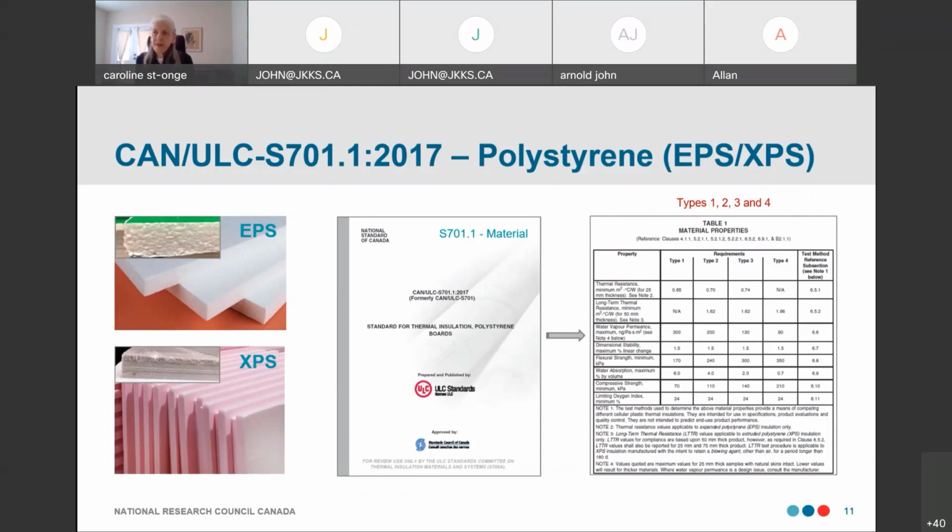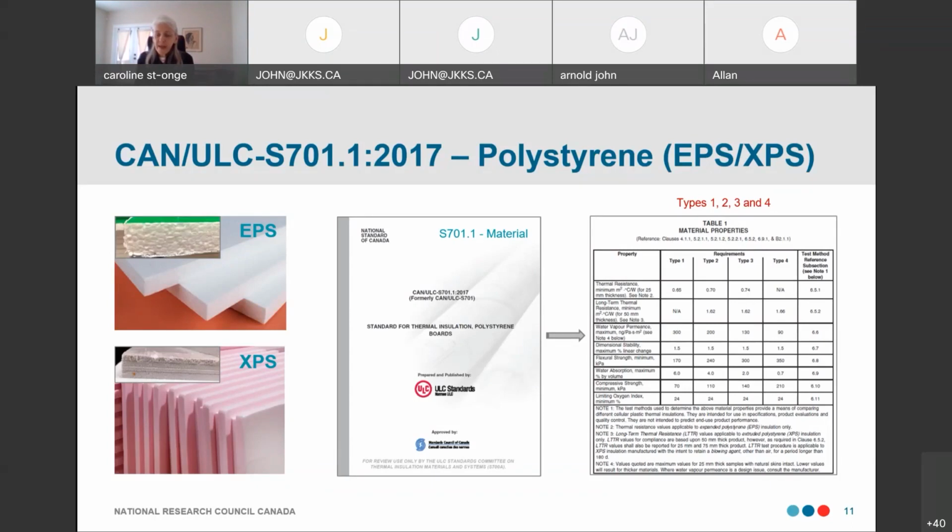So I will start with ULC S701.1, which is related to polystyrene, EPS and XPS. EPS stands for expanded polystyrene, and XPS stands for extruded polystyrene. Both boards are manufactured from beads of styrene that are expanding.